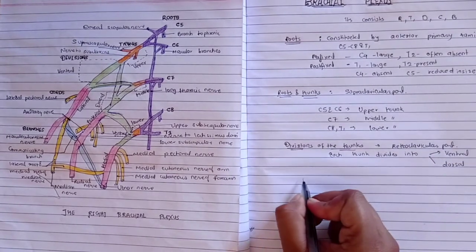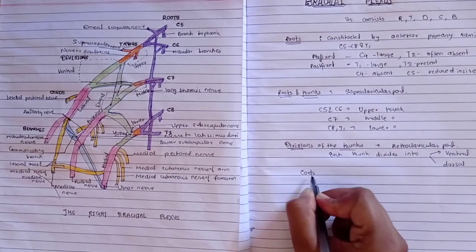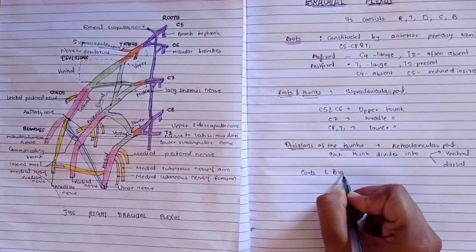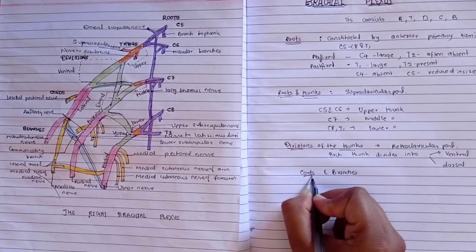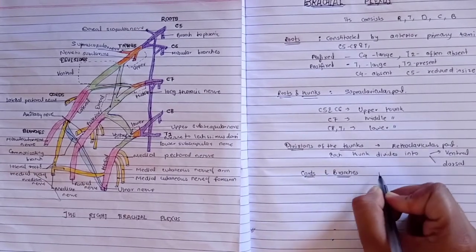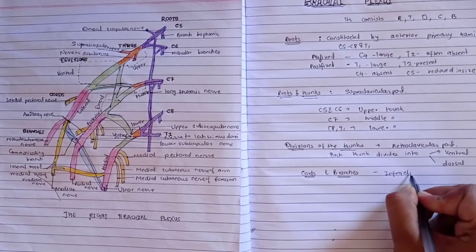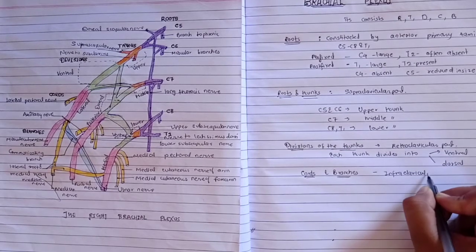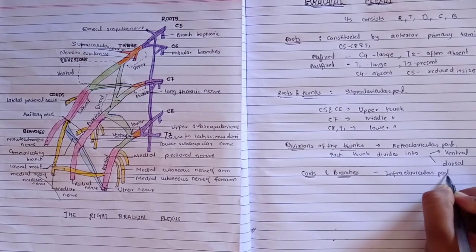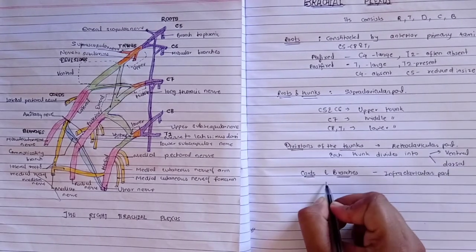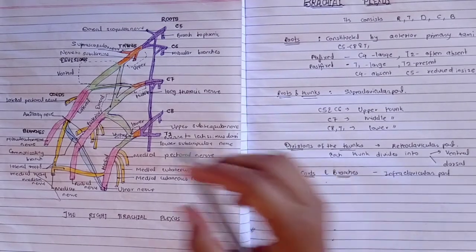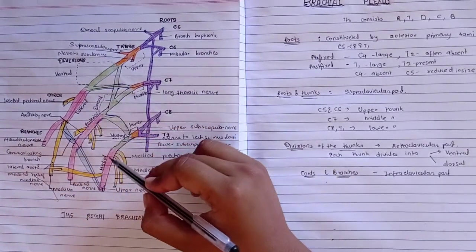Then cords and branches. This is the infraclavicular part. There are the lateral cord, posterior cord and medial cord.